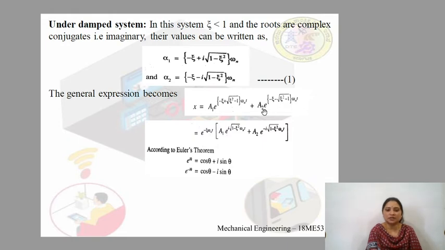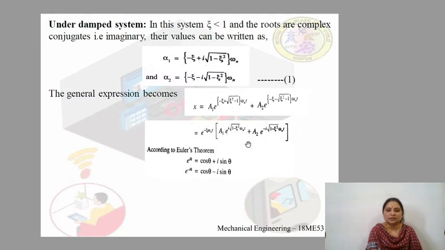Here, in these two terms, we can observe that e to the power of minus zeta omega n t is common. So, taking out the common term, we can write it as e to the power of minus zeta omega n t, square bracket open, a1 e to the power of i square root of 1 minus zeta square omega n t plus a2 e to the power of minus i square root of 1 minus zeta square omega n t, close the square bracket.